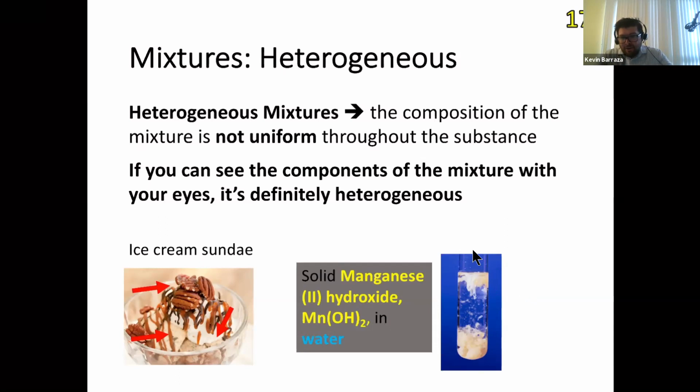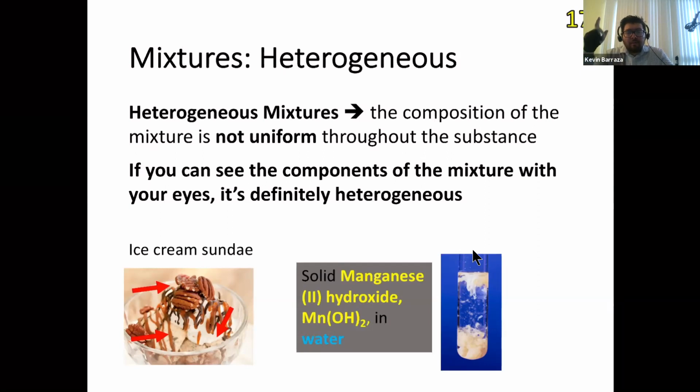Here, we're getting some good examples. So if I pour oil into water, what do I get? I pour oil and water together. You're going to get a single container of liquid, perhaps, but the liquid at the top is going to be pure oil. The liquid at the bottom is going to be pure water for the most part.